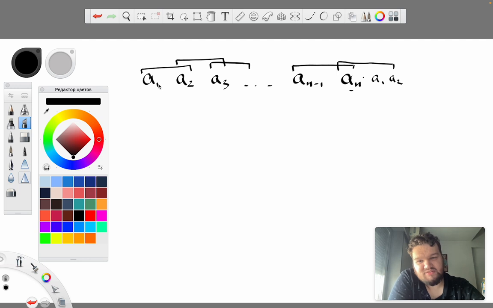The next element will be the OR of this element and this element, so it is an OR of the first three elements, the next three elements, and so on until we reach the end, where we should take an OR of the last two elements and first two elements.